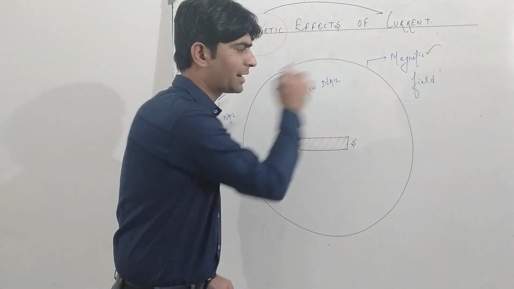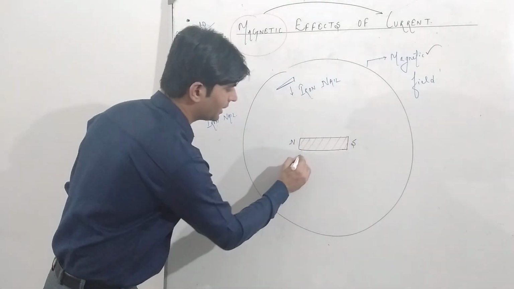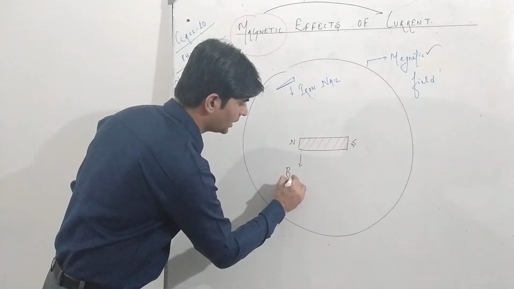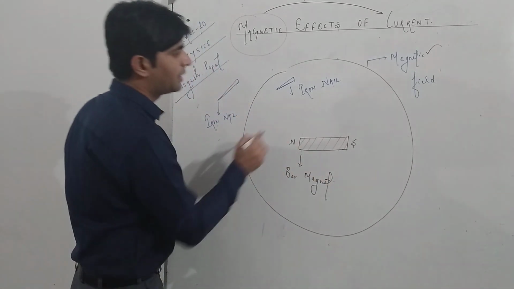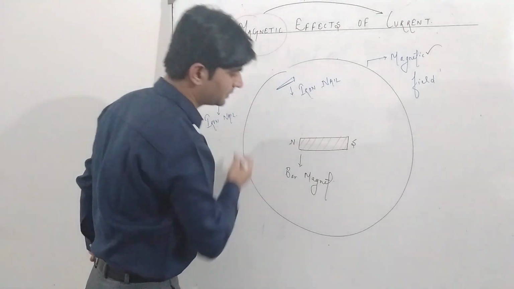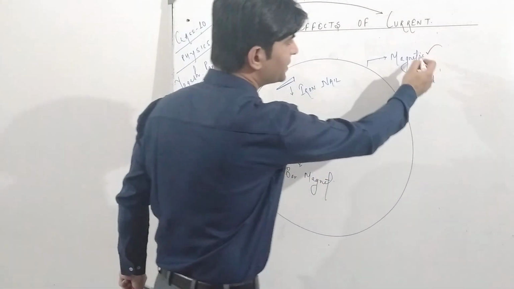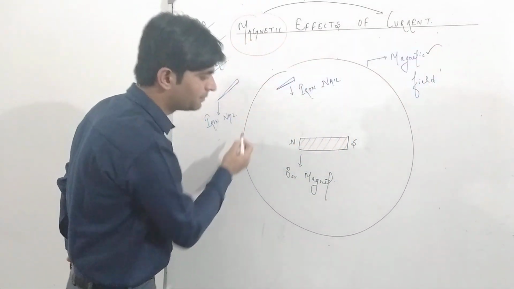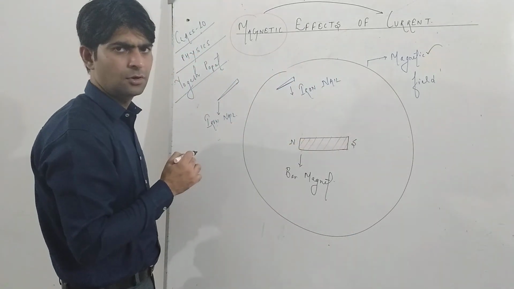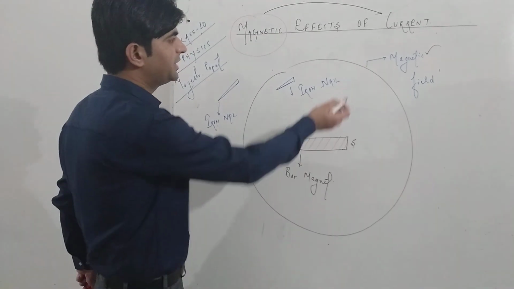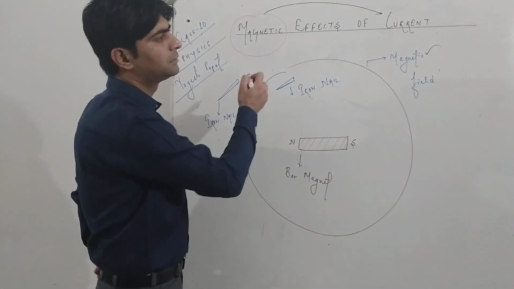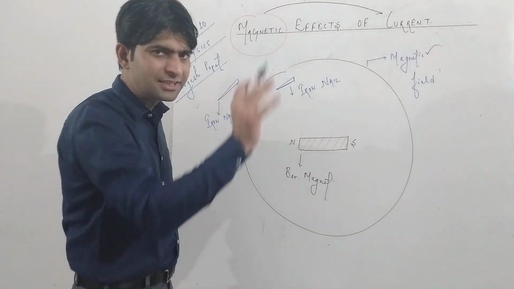Similarly, if we talk about a magnetic field, this is a bar magnet, and I have kept an iron nail and made this circle. A magnetic field, you can say, is a region around any magnet or magnetic field producing body, up to which it has its magnetic effect.